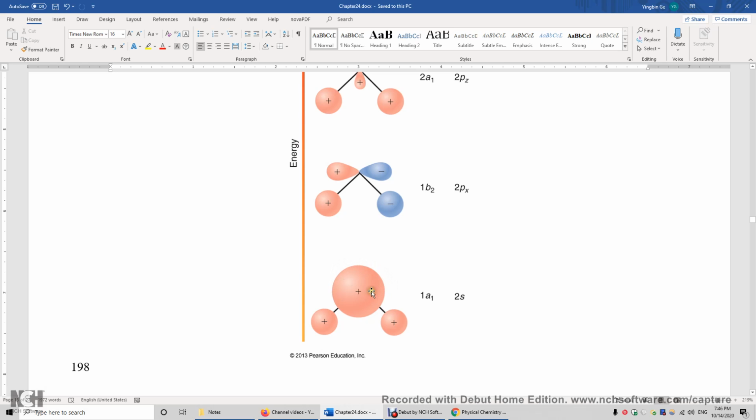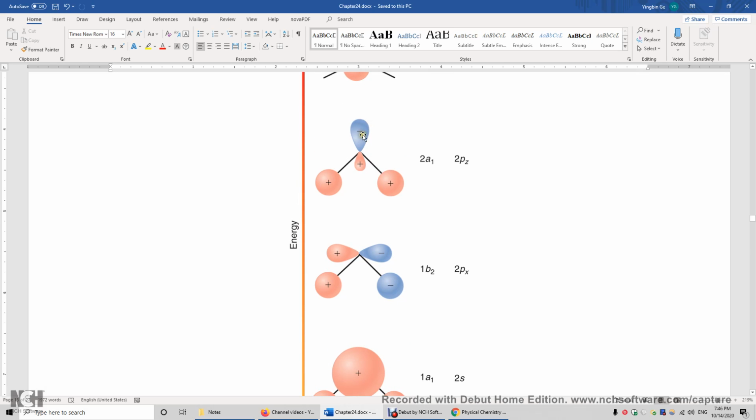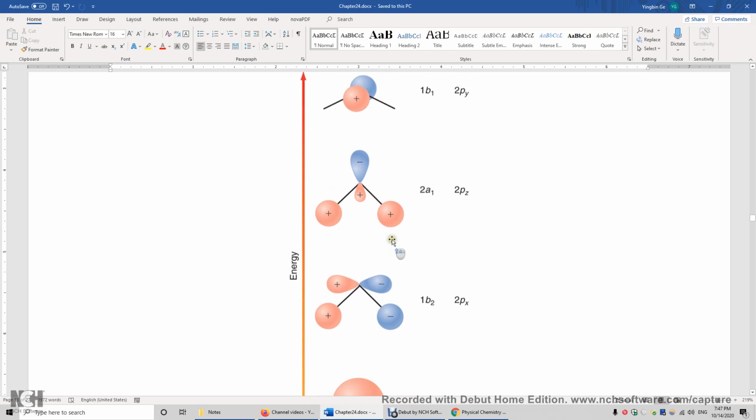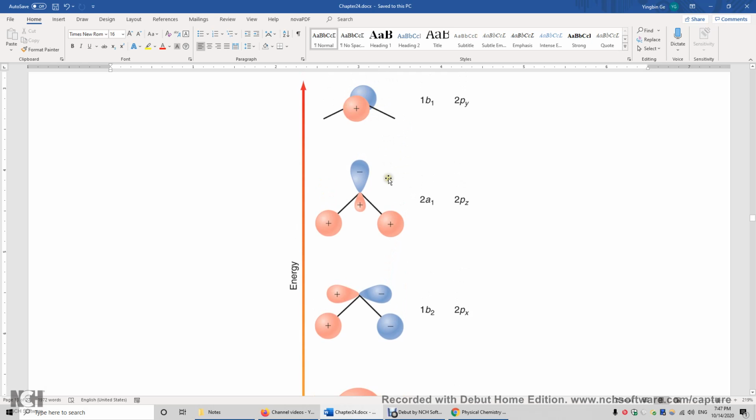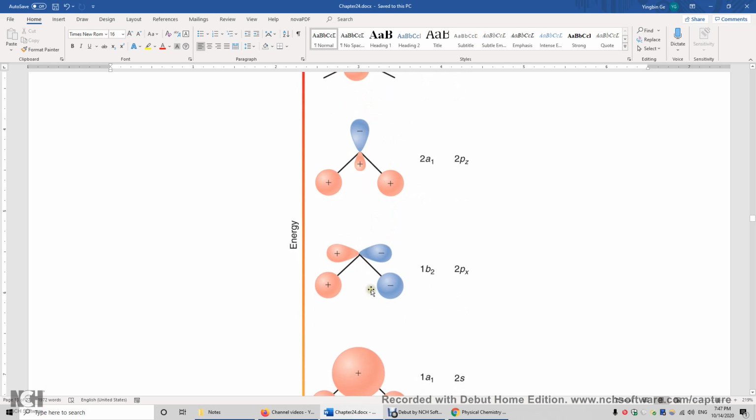So a little bit here, a little bit here. And if you split this p orbital, the top half is more like the lone pair electrons as well. So you have 2 lone pair electrons here, and a little bit here, a little bit here, a little bit here. So together you have 4 lone pair electrons.